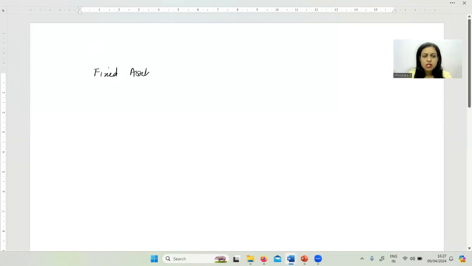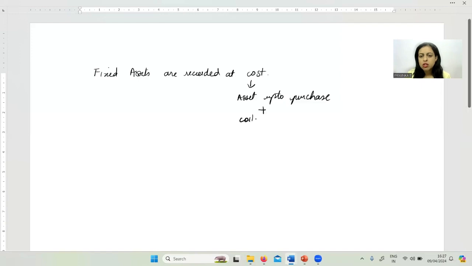So remember this, fixed assets are recorded at cost. Now, when I say cost, cost means basically anything connected with the asset up to its purchase, plus any cost till it's put to use.